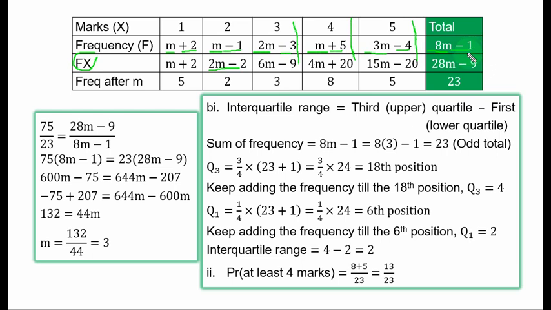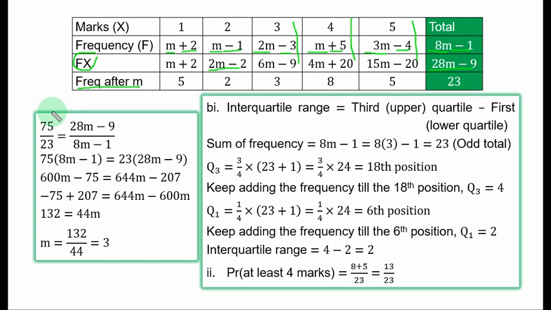If you add fs, you have 28m minus 9. This row is after m is known, before you get that row. So the mean as an improper fraction, because we have the mean as a mixed fraction.